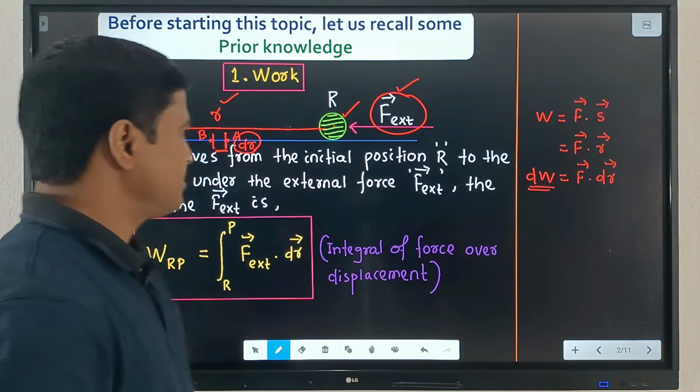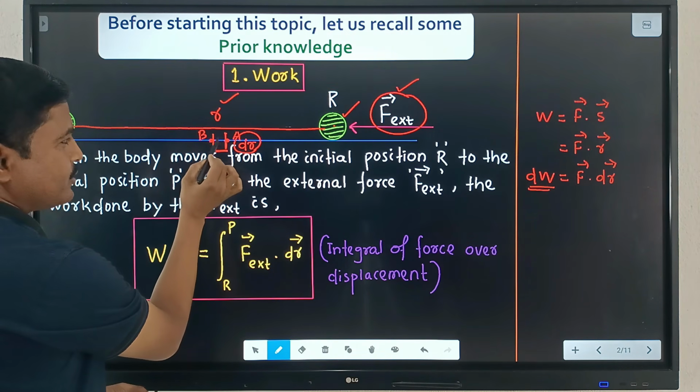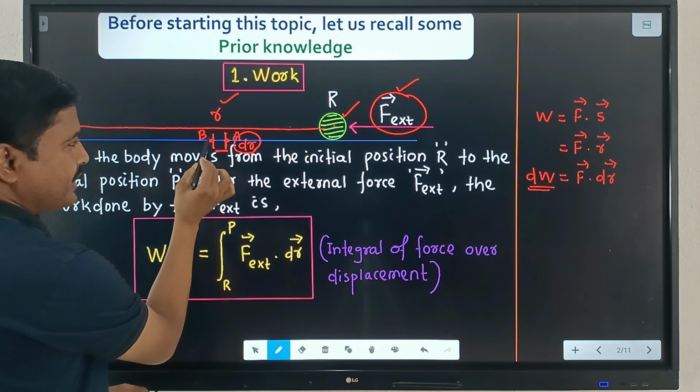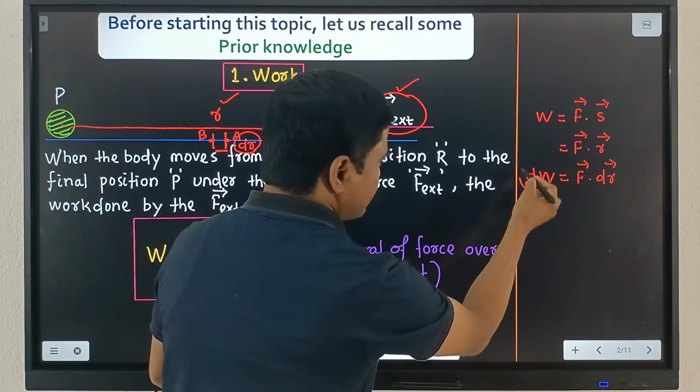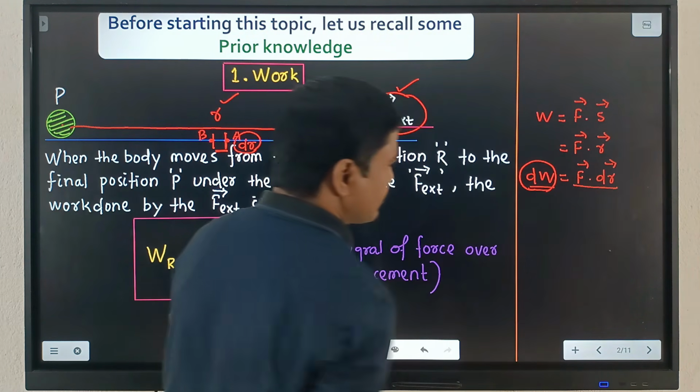That means when the body moves from point A to B, the work done is small, that is dW, and we write F vector dot dr vector.